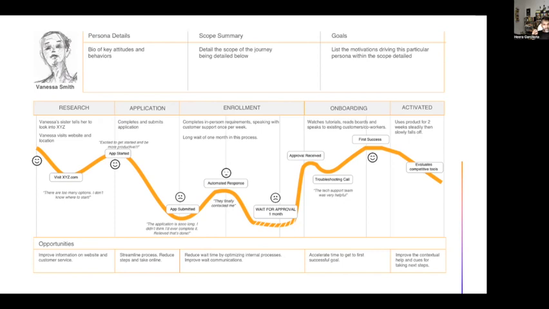One of the few things that you need to note in this map, especially the curves going up and down, from being a good experience to a really frustrating experience, is that the next stage is affected by the previous stage's experience. So if my research has gone well, that's fine.